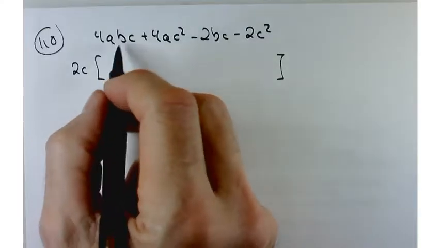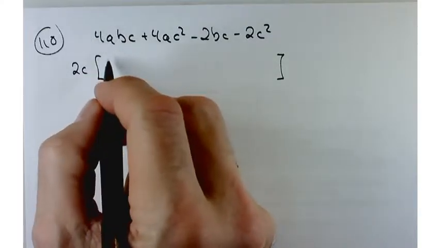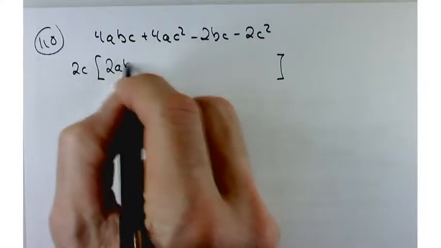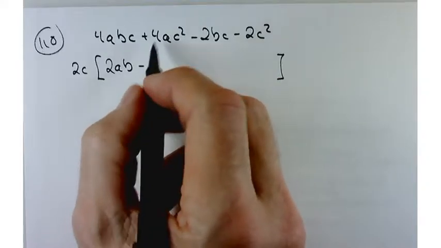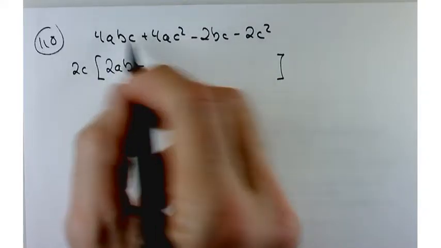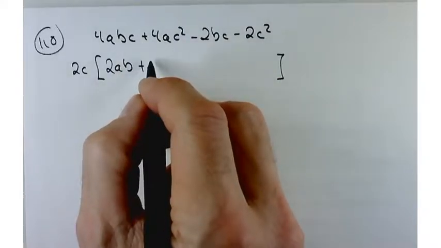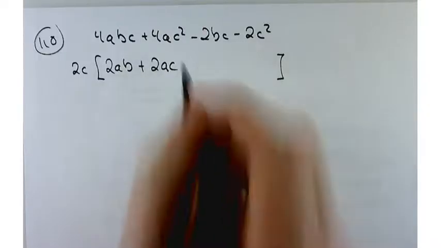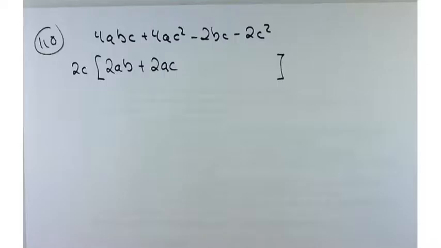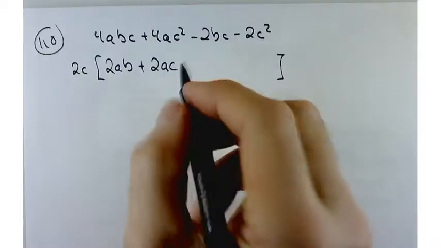James? 2ab. Good, 2ab. And the next term? Derek? If I factor out a 2 and one of the c's, what's left? 2ac. Yeah, 2ac, because you've taken out one of the c's. All right, good. Let's keep going.